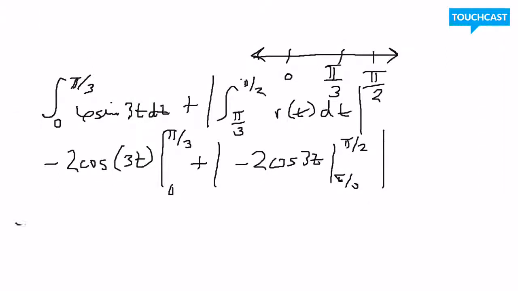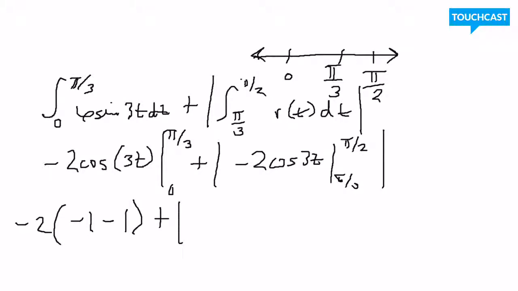All right, so that is negative 2 times the cosine of pi over 3 times 3, which is pi. Cosine of pi is negative 1, minus cosine of 3 times 0, which is 0. Cosine of 0 is 1.